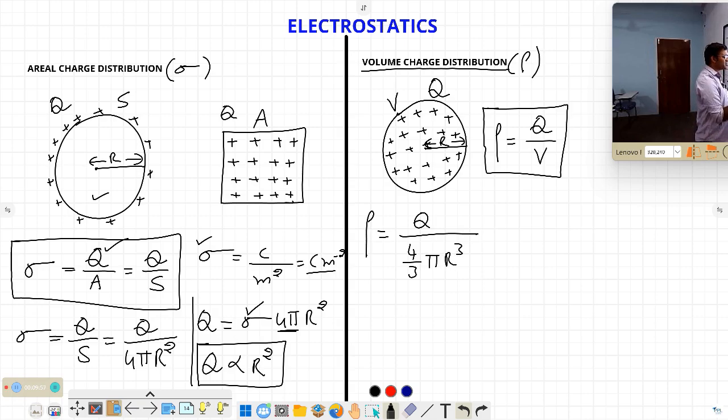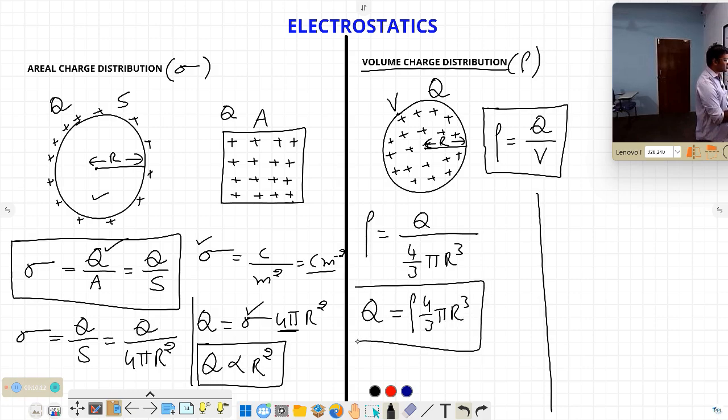So from this I can write the total charge on the body. In the case of volume charge density, the total charge on this volume of the body is equal to rho into 4 by 3 into pi r cube. Here rho is a constant; in most cases we take it as constant.